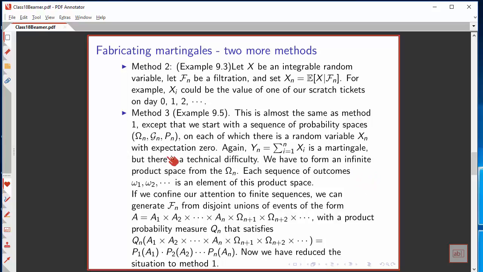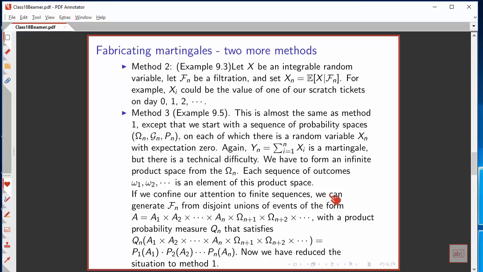And what we have to do is, from these sample spaces, one per day, we have to make a product sample space. Making a product sample space out of 2 coin flips is perfectly easy. Making a product sample space out of an infinite number of coin flips is such a mathematical mess that even though it's discussed in Deneen's book, I decided to leave it out of this course.